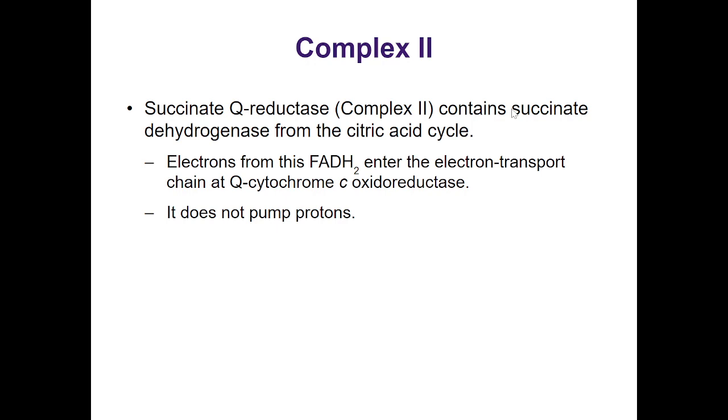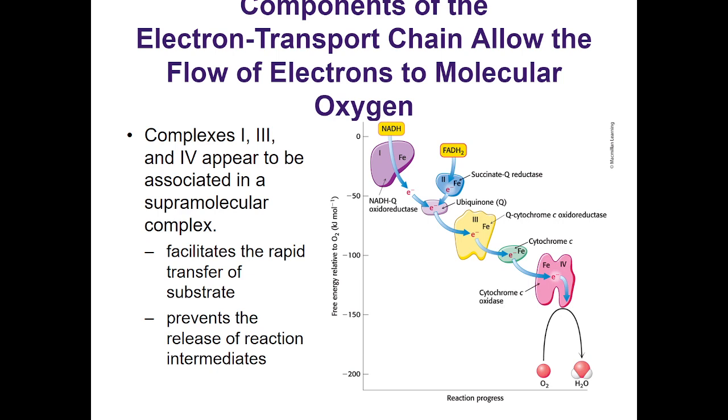Complex 2 feeds its electrons into complex 3. Complex 3 will use those electrons to pump protons. Remember that complex 2 does not pump protons itself. It just feeds electrons from your FADH2 in your citric acid cycle. Now, complexes 1, 3, and 4 actually appear to be associated in a supramolecular complex.